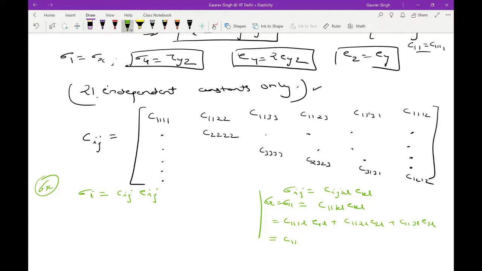Now each of these terms can be expanded, so that would be C1111 E11 plus C1112 E12 plus C1113 E13 plus C1121 E21 plus C1122 E22 plus C1131 E31. Sorry, this should be C1123 E23.